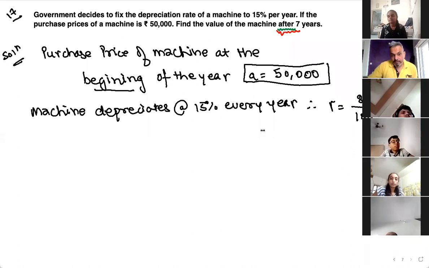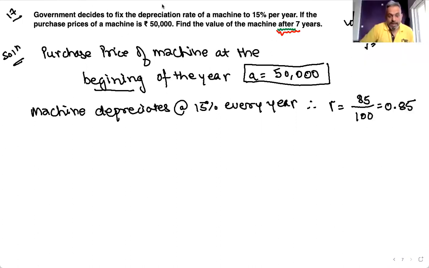Okay, in this sum it is depreciation, so it decreased. तो पहला टर्म अगर 100 है तो दूसरा टर्म हो जाएगा 85, so T2 upon T1 is R. Understood this?